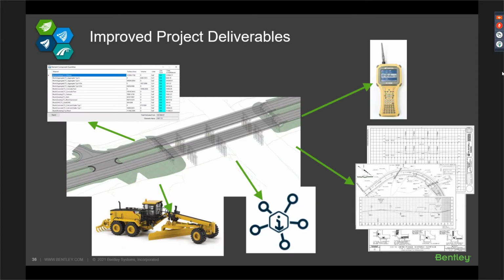So, of course, regardless of what project deliverables are required, you are able to do that inside OpenRoads Designer. Simple reports, which are basically a byproduct of your corridor model already.